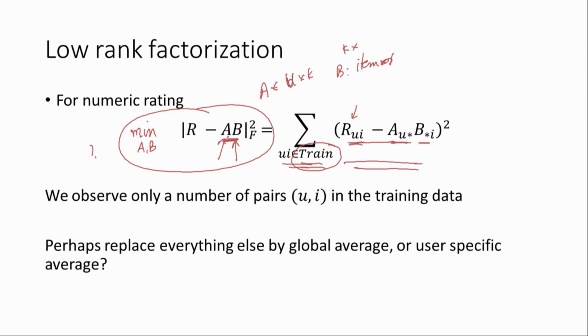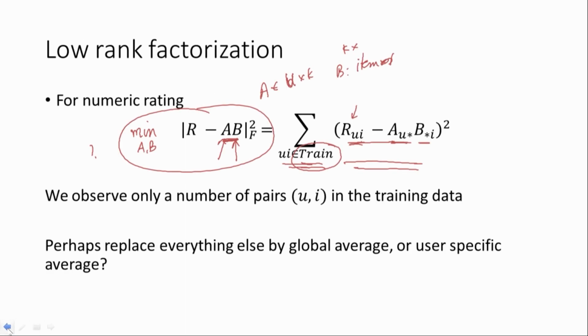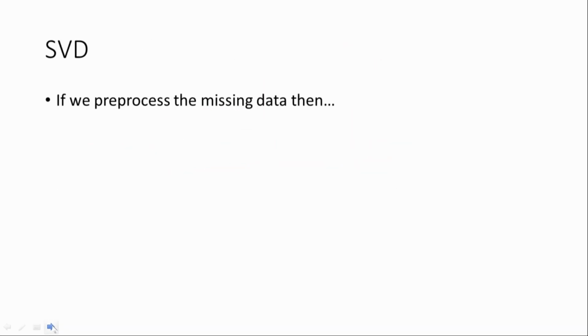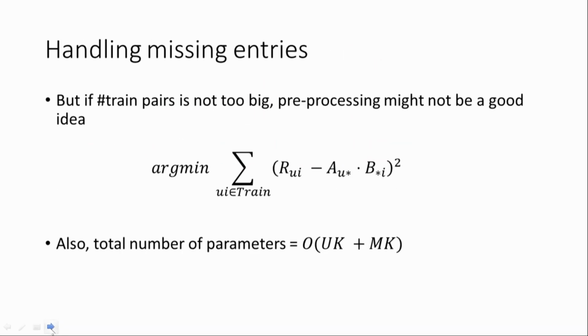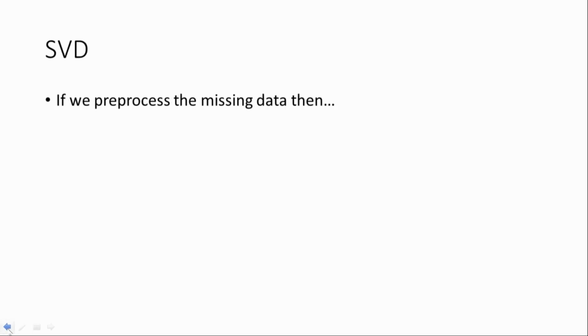Okay, but that doesn't really work because I have only the training pairs, which is only a small number of pairs. So one way of handling it is as follows: you try to fill up the missing entries using some average, then you find the SVD.